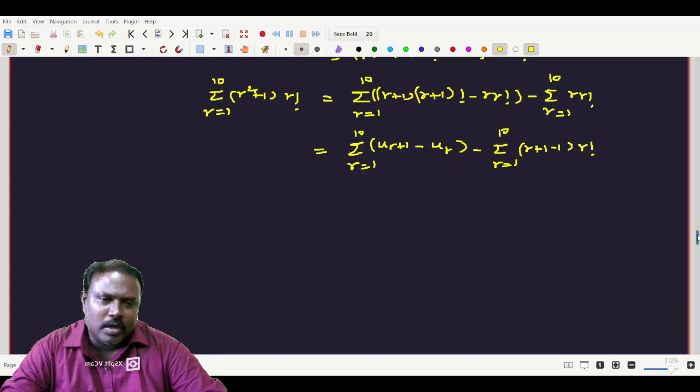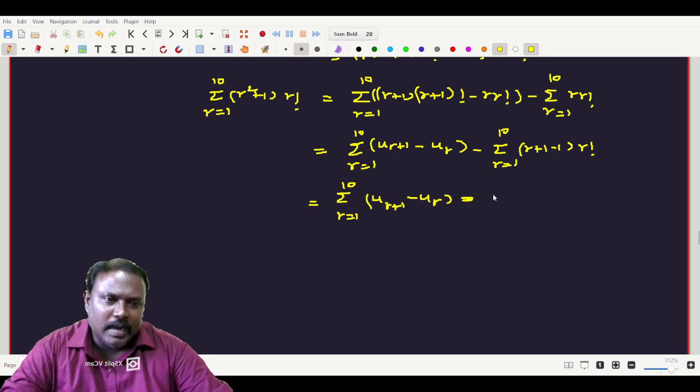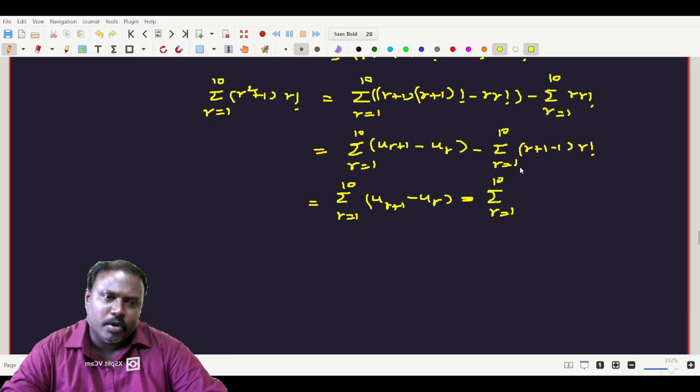Now let us simplify this. This is summation r equals 1 to 10 of u_(r plus 1) minus u_r, minus summation r equals 1 to 10 of (r plus 1) into r factorial, which can be written as (r plus 1) factorial, minus 1 into r factorial, which is r factorial.